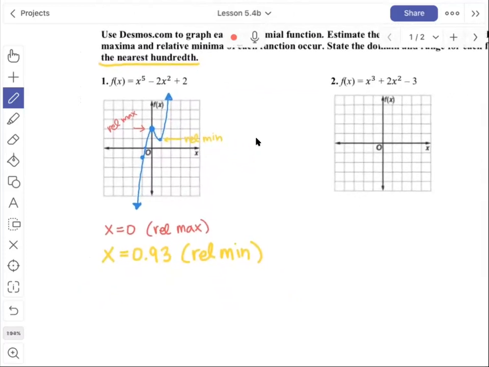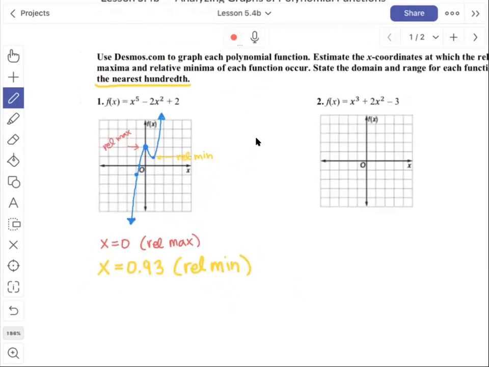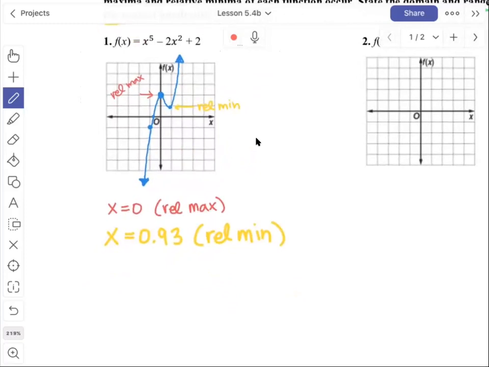All right. Cool. Let's go then to our last part of the directions here. State the domain and range for each function. For the domain, I am going to scan along the x-axis. Pretend you have a vertical line.